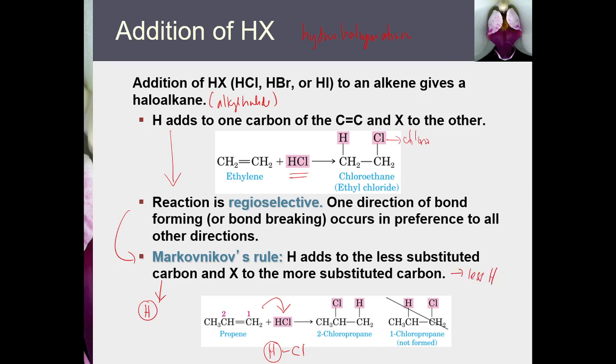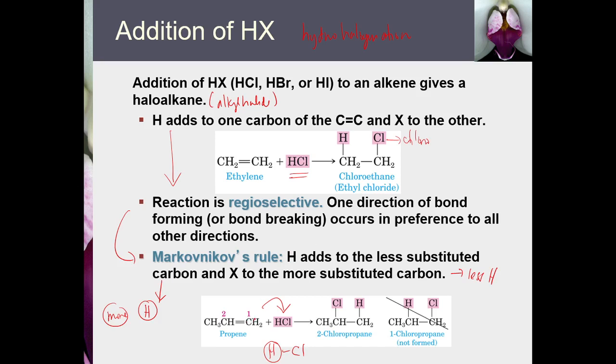At yung more substituted carbon, lesser yung H. So, doon sa portion ng compound with the higher number of H, doon ilalagay yung inyong H from the HCl. So, H adds to the carbon of the double bond with greater number of hydrogen.